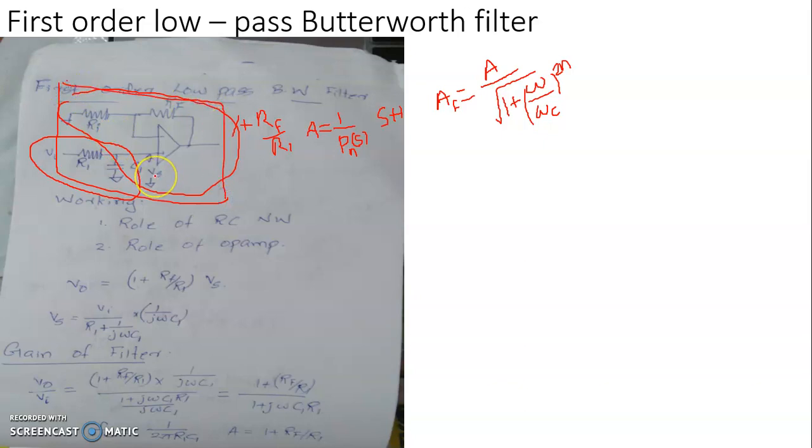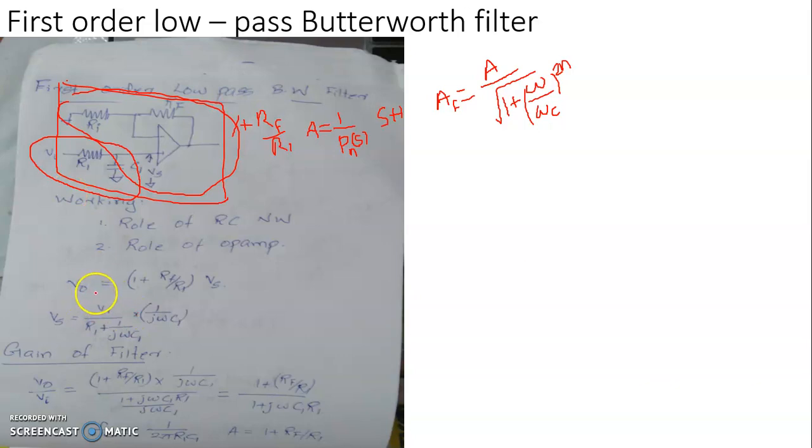So the amplifier input is Vs, that is the drop across C1, and the filter input is Vi. If you are looking into the amplifier gain, then output will be equal to 1 plus Rf by Ri into Vs, and for the filter, the output-input relationship is essentially Vo divided by Vi. Now we will consider this input-output relationship.